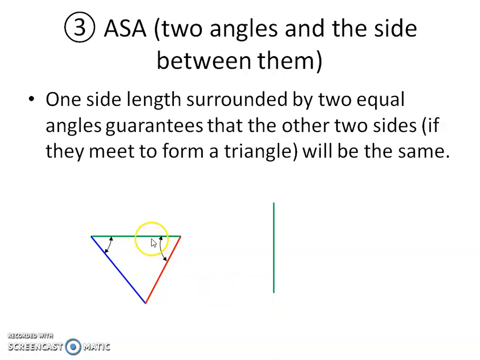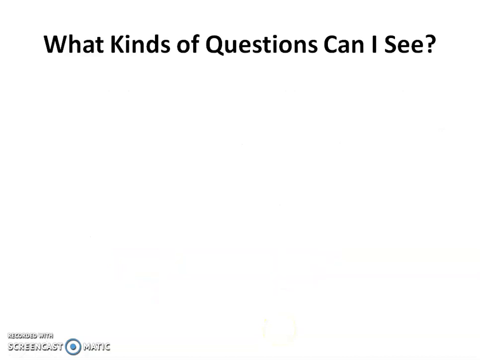And if I take that same green length and these same two angles on either end, it doesn't matter which is which, and I draw out lines from the end at that angle and the end at that angle, those would have to be the same lengths as well. So two angles and the side between those two angles is a sufficient condition to prove that two triangles are congruent. I'll save this for the next one.